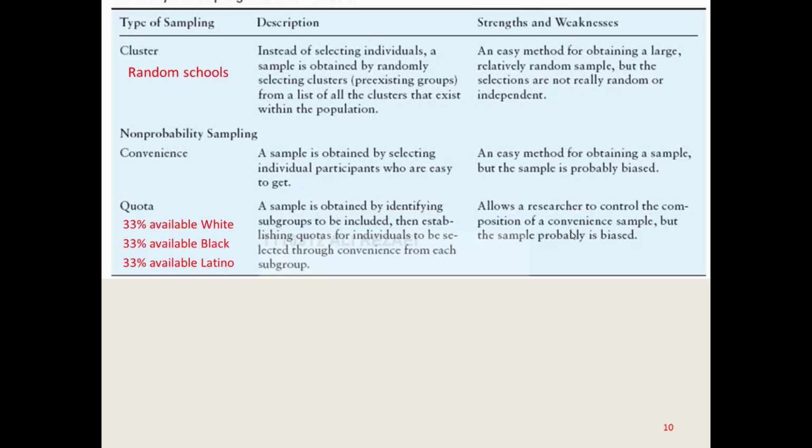Non-probability sampling is when you don't get a chance to do random sampling, or it's not practical, it's not possible. So we always want to have a random sample, because a random sample is more likely to be representative of the population. That's what we want in any kind of sampling. But sometimes it's just not possible.